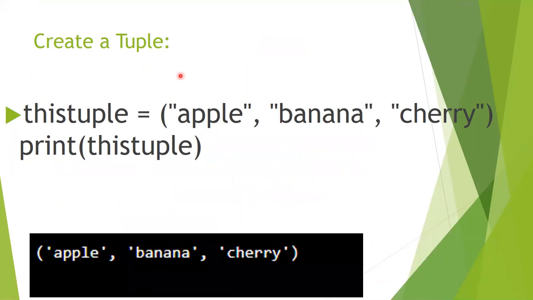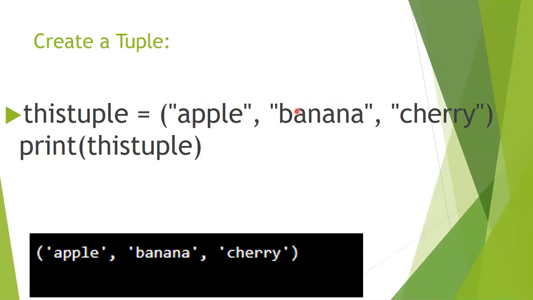For example, we have created a tuple named thistuple. This tuple contains elements apple, banana and cherry. And we have to write parentheses for creating a tuple. All the elements of alphabetical type are enclosed in double quotes.